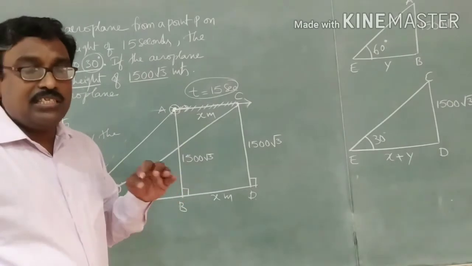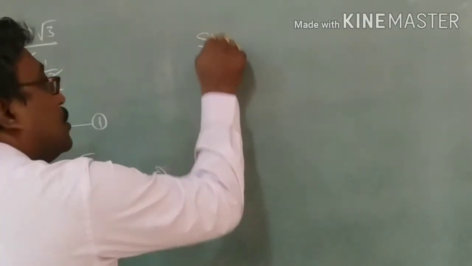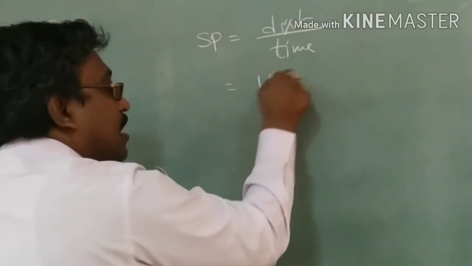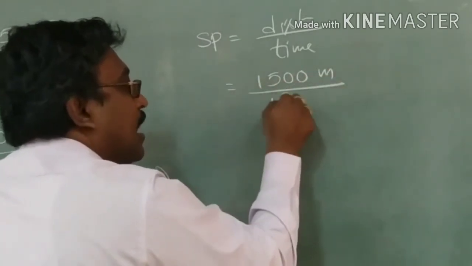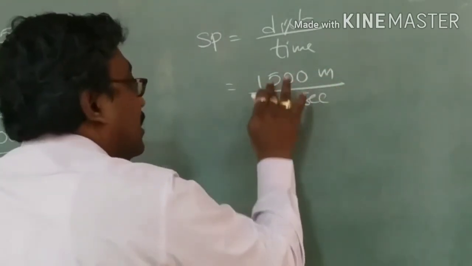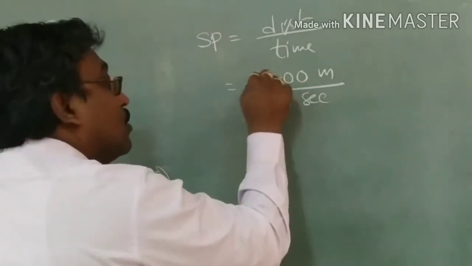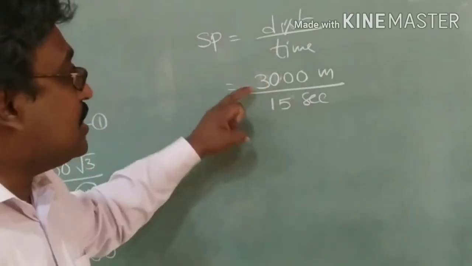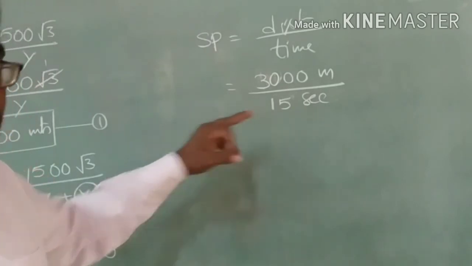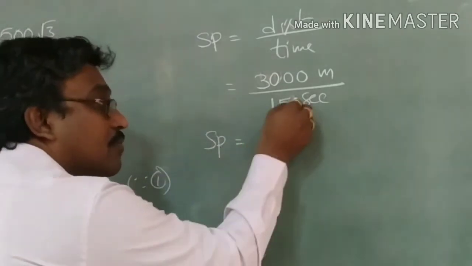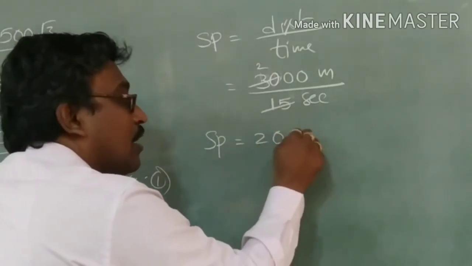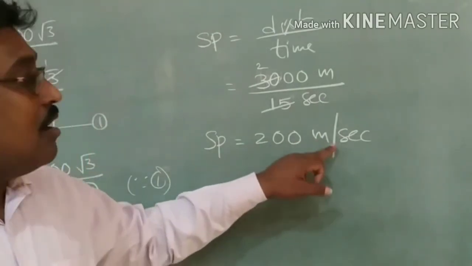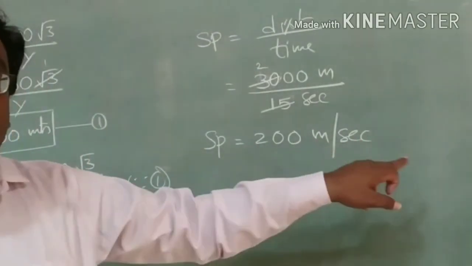Speed is equal to distance by time. Distance is 3000 meters, time is 15 seconds. So speed is equal to 3000 by 15, which is 200 meters per second. The units asked are meters per second. Speed is equal to 200 meters per second.